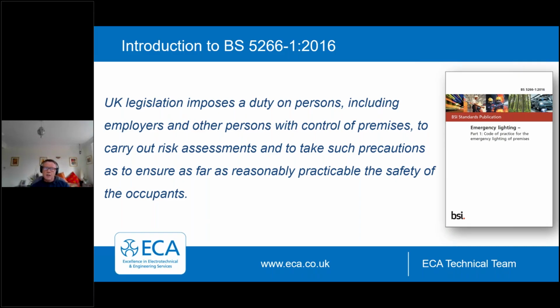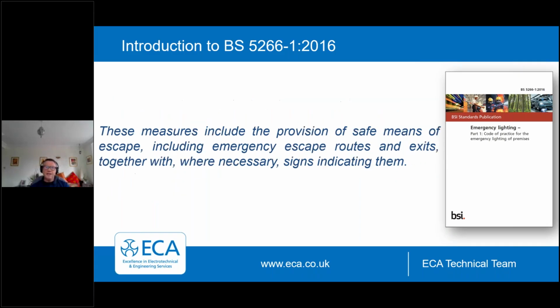Their duty is to carry out risk assessment and to take such precautions as to ensure, as far as is reasonably practicable, the safety of the occupants. An integral part of that is that they need to make allowance for the provision of safe means of escape, including emergency escape routes and exits, together with, when necessary, signs indicating them. So that's the pointer in the British Standard.